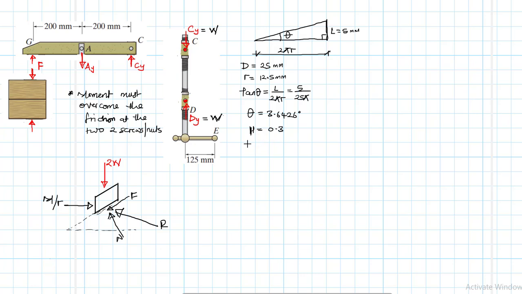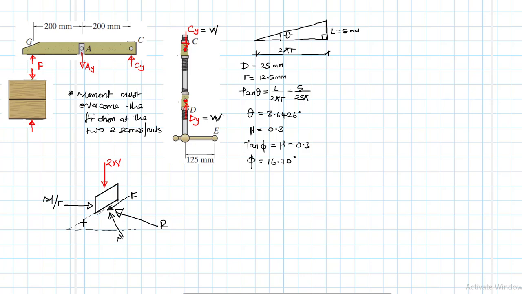Therefore tan phi is equal to mu, we know about this relationship, which is 0.3, and therefore phi is equal to tan inverse of 0.3, which is 16.70 degrees, rounding it off.